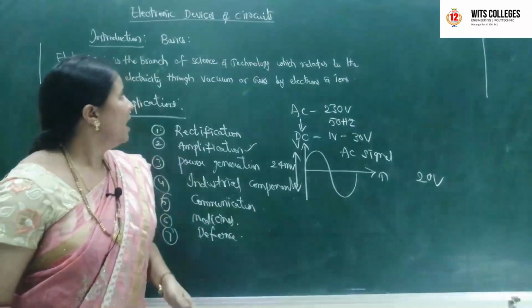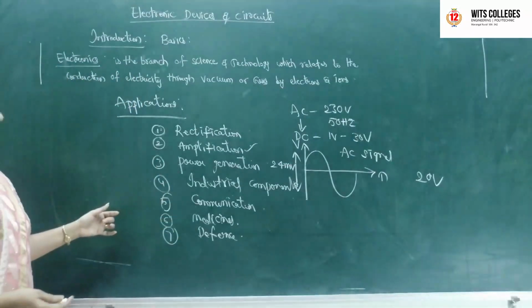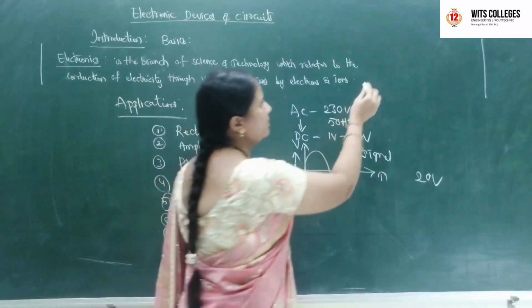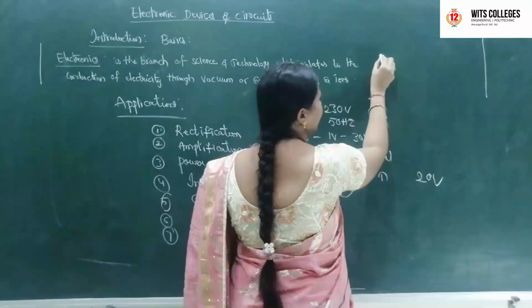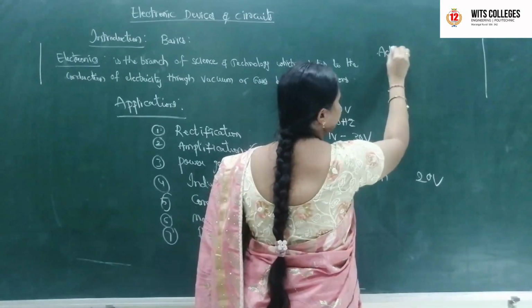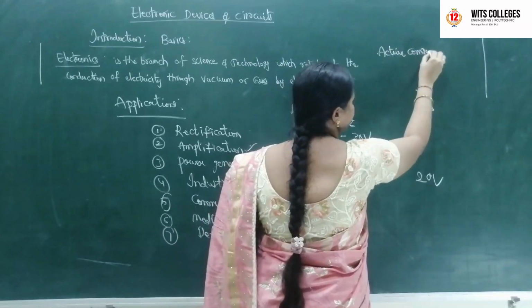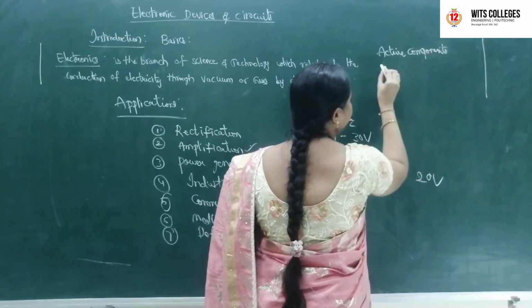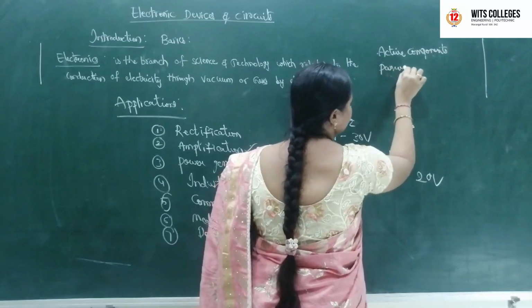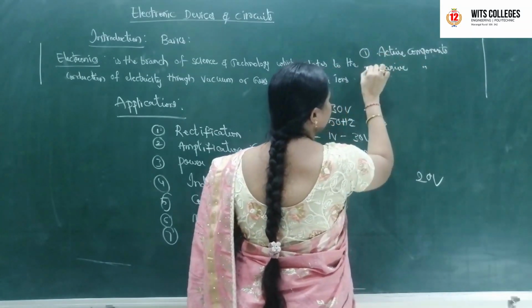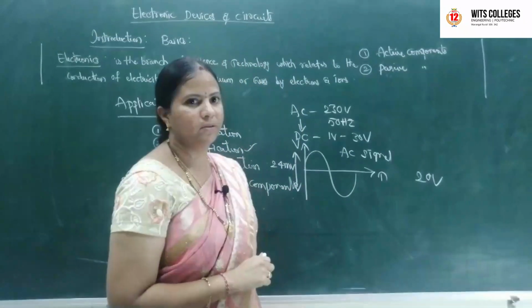So next, actually the electronic components are divided into two types. Those are active components and passive components. So these are the two types of electronic components.